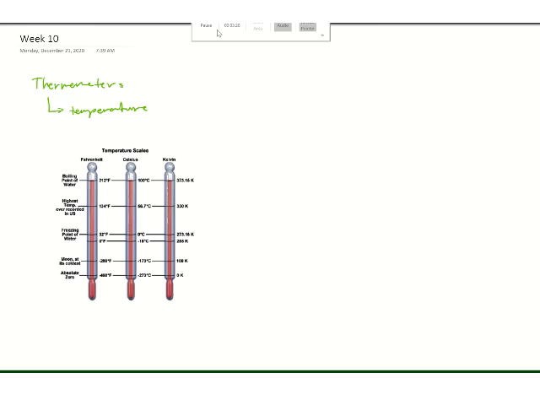Temperature is not decimal as it goes from one unit to another, as we did previously when dealing with prefixes like nano, kilo, micro, and milli.